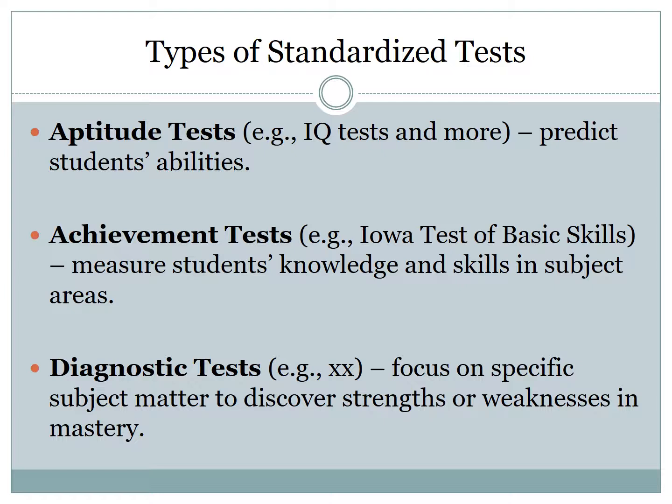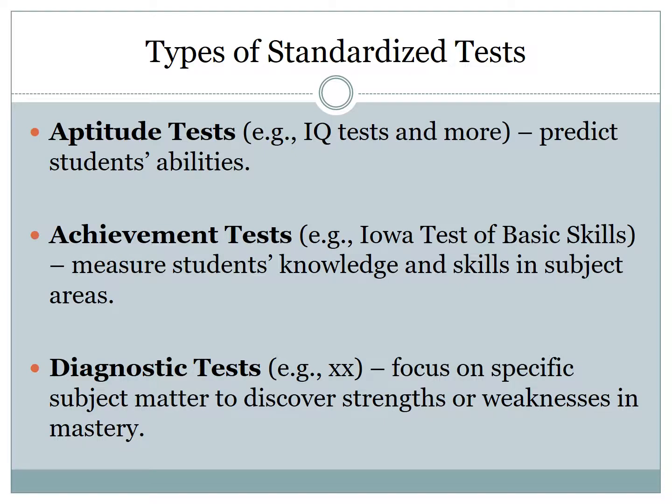When we talk about standardized tests, we talk broadly about three different types. Aptitude tests, such as IQ tests and others, predict students' abilities. This is about understanding children's potential, not their achievement. Achievement tests, on the other hand, such as the Iowa Test of Basic Skills, measure students' knowledge and skills in subject areas.